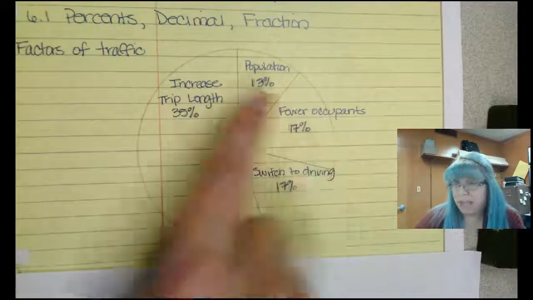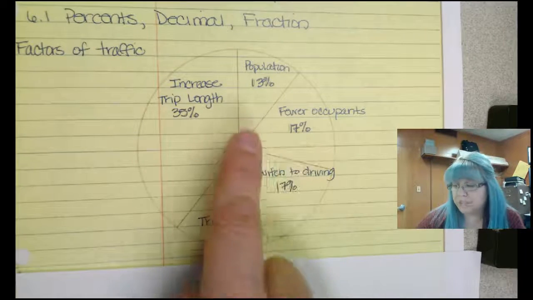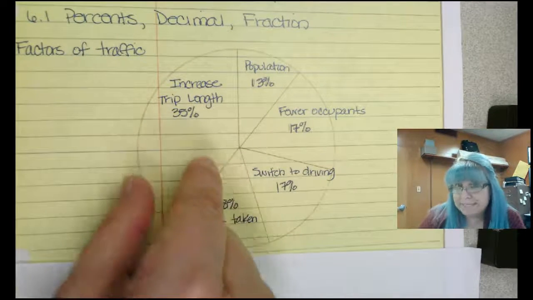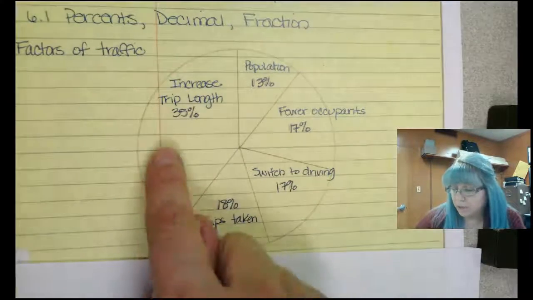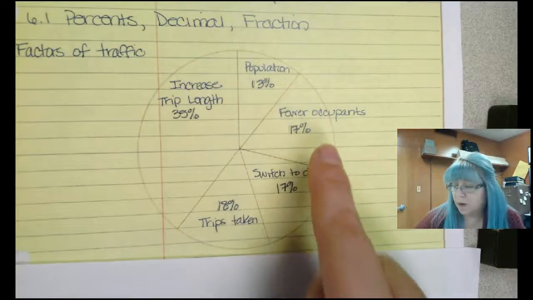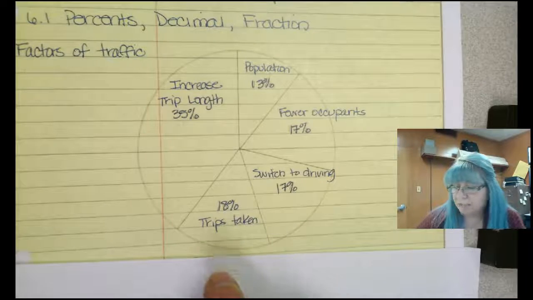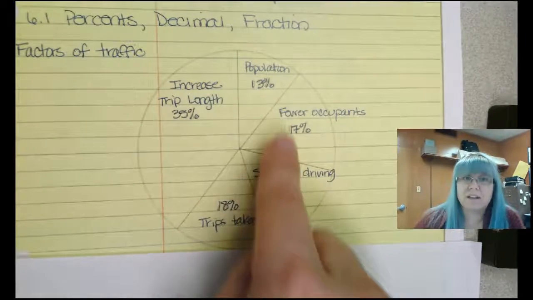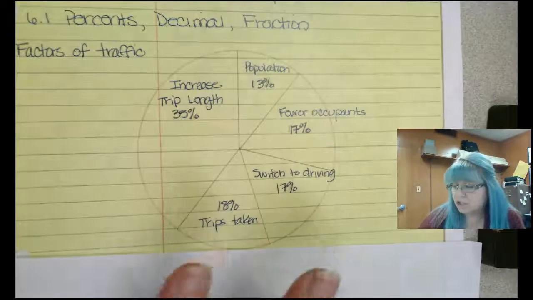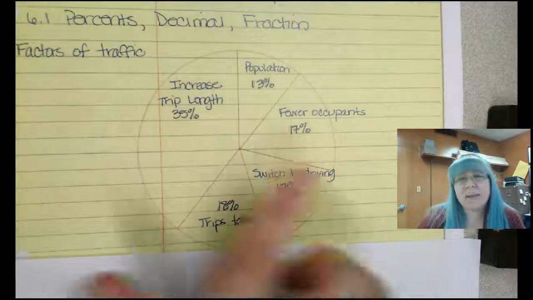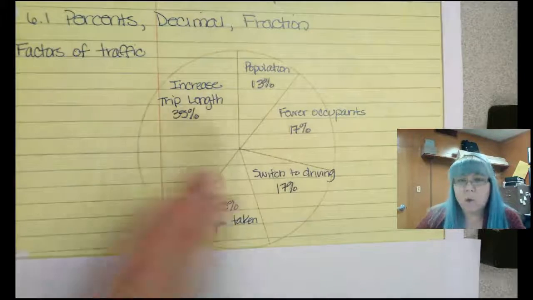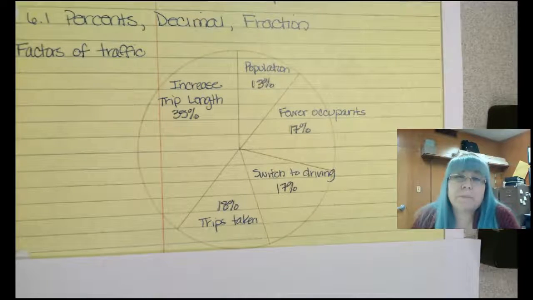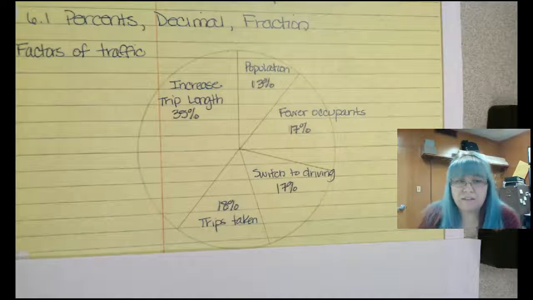At least how we're looking at it would be 100%. And each little piece, increased trip length, population, fewer occupants, switch to driving, and trips taken, are a little piece of that whole entire factors of traffic. So this is just a visual way of looking at it. It's also called a pie chart. So a piece of the whole entire pie would be traffic. The little piece would be each of the factors of traffic.